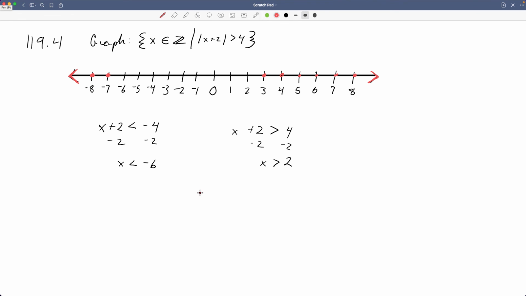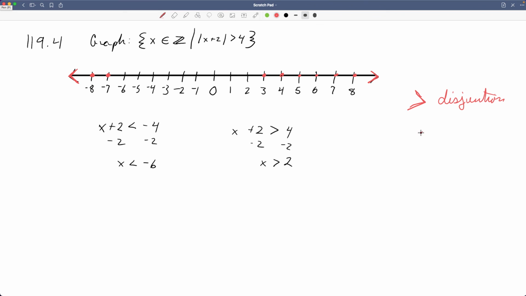So something that you can notice here is whenever you have a greater than symbol with the absolute value, you're going to have a disjunction. You're going to have two separate statements.